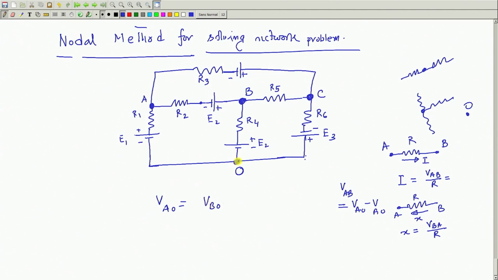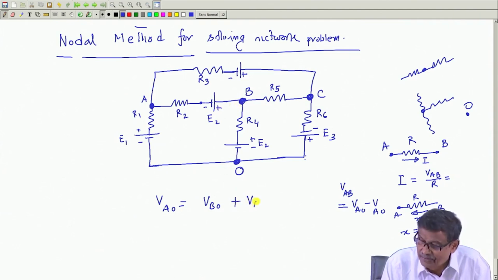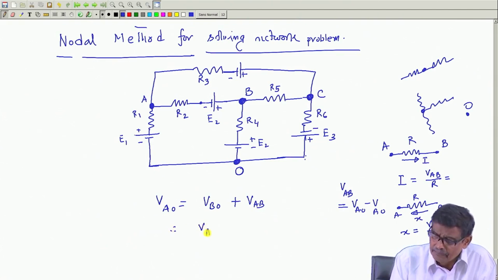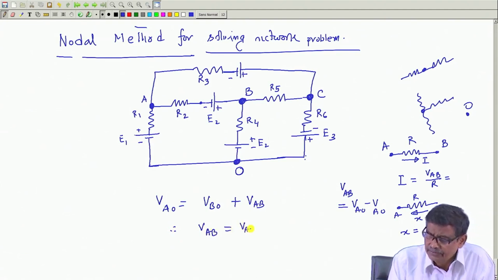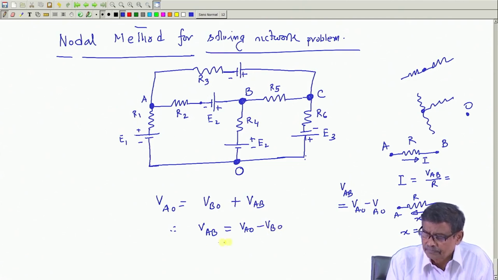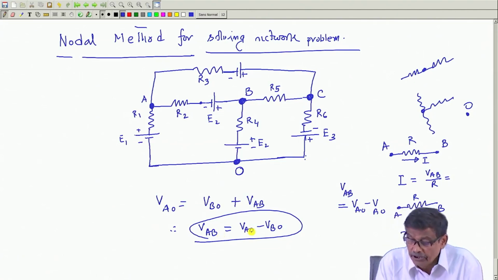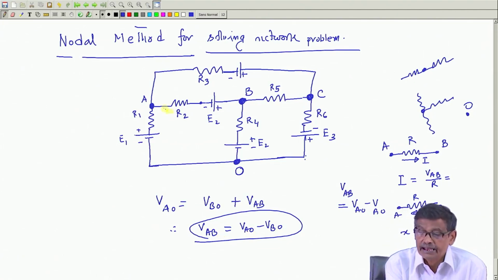You calculate this, and you have reached point B, so V_BO. Then from this to this you have to go, and that voltage is V_AB, the potential of A with respect to B. Therefore, V_AB is always V_AO minus V_BO. It is an important thing, but the point of reference should be the same for both the ends.